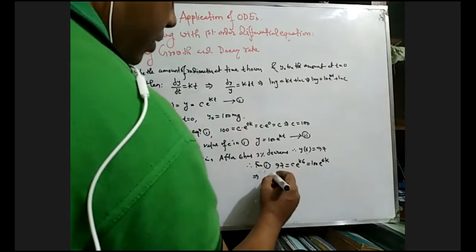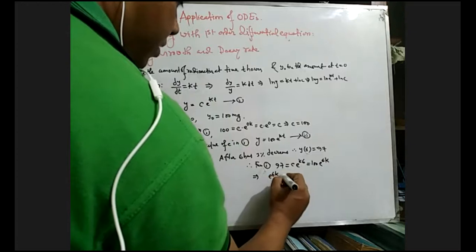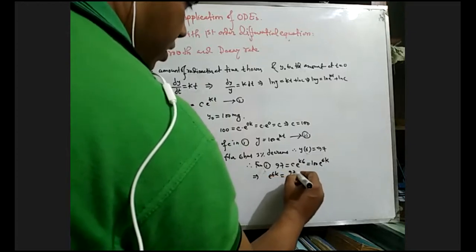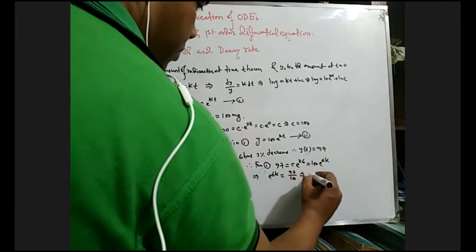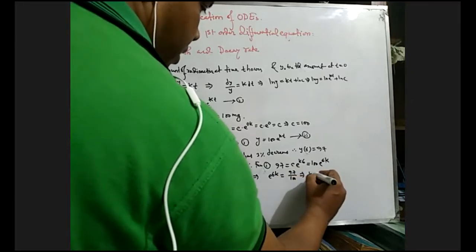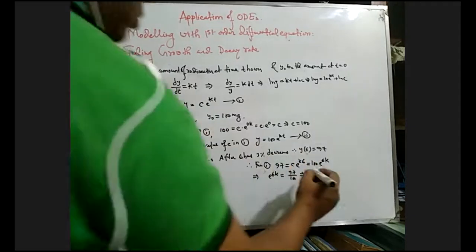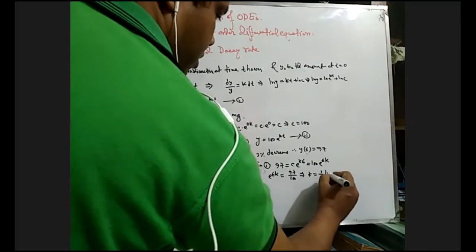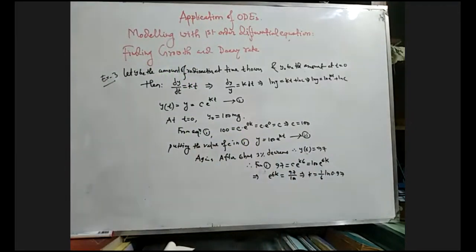From here we get the value of k. e to the power 6k equals 97 by 100. So from here we get the value of k. k equals what will be? 1 by 6 ln 0.97. Okay, approximately we get the value of k here.